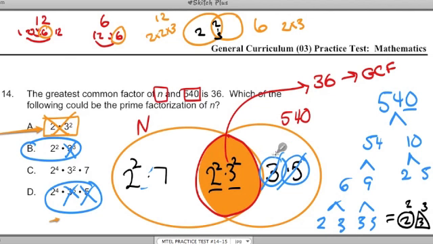Well, that 2 to the second doesn't bother me because it doesn't end up in this category here, and the 7 isn't going to end up here. So that's okay. C is a number that shares only 2 to the second and only 3 to the second with 540. And that's why the answer is C.